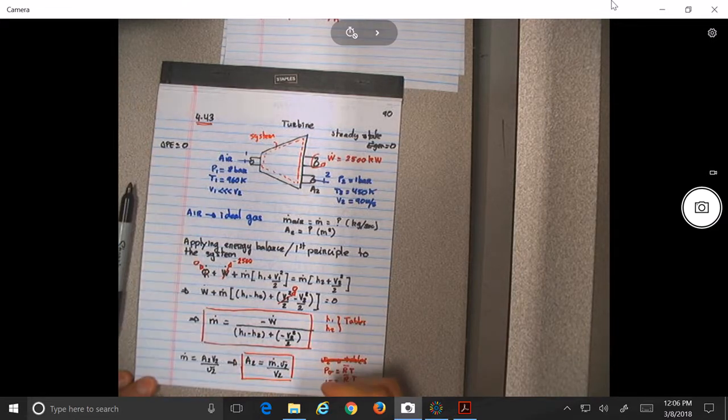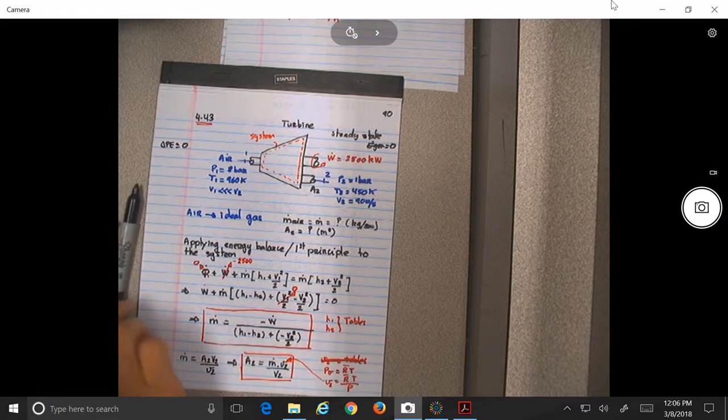And this v2 is the one that goes over here. I think that's what happened last time in the problem we did. We said we could find it from the tables, but we needed to use the ideal gas relation.